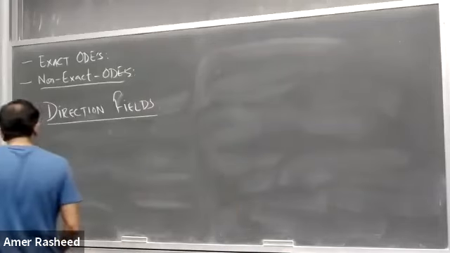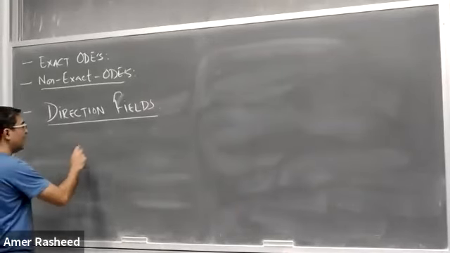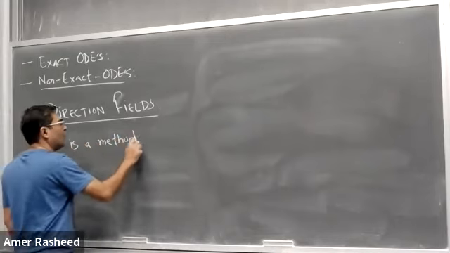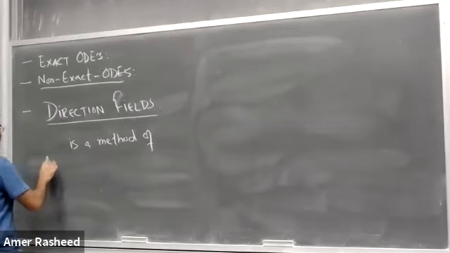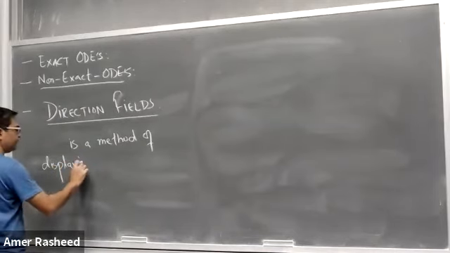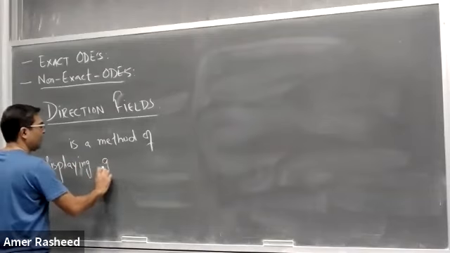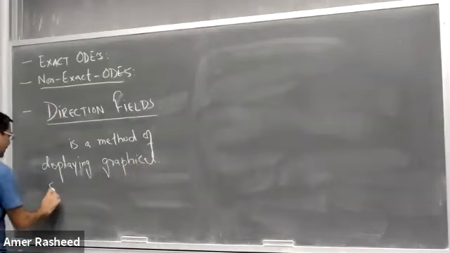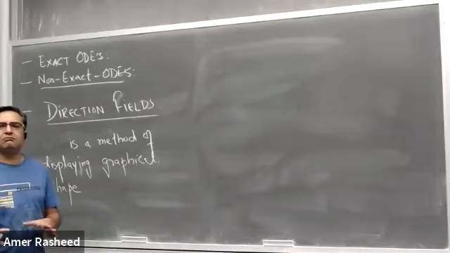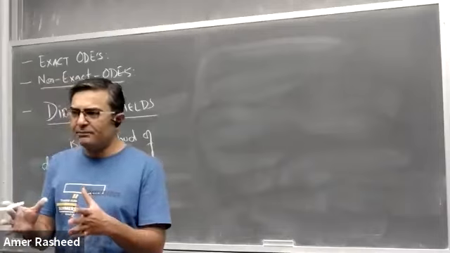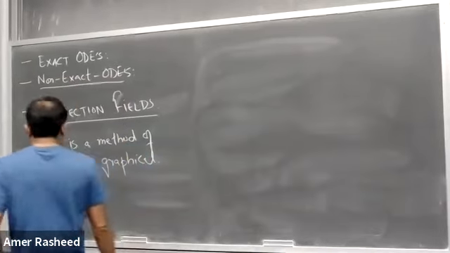So what is a direction field? It is a method of displaying the graphical shape of the solution of first order ODEs. Shape means we cannot compute the exact shape manually, because there might be some error.